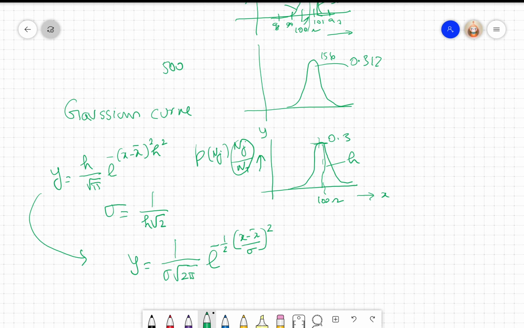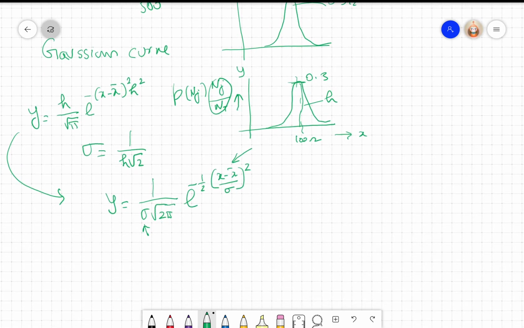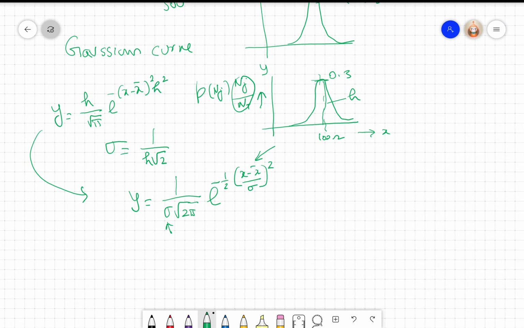So the moment I take measurements, I calculate the x bar and I calculate sigma, then I can draw this particular curve. The thing is, we keep using this without actually thinking that this is not exactly correct.